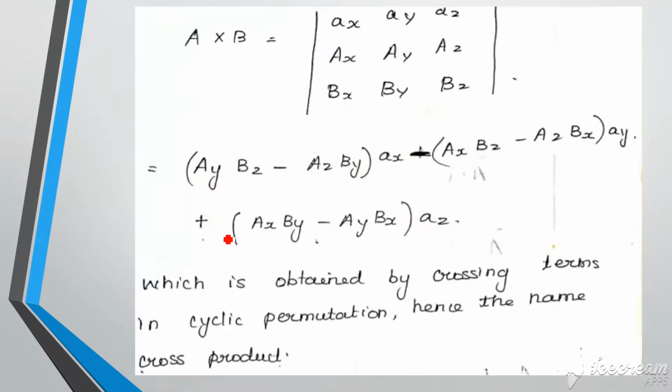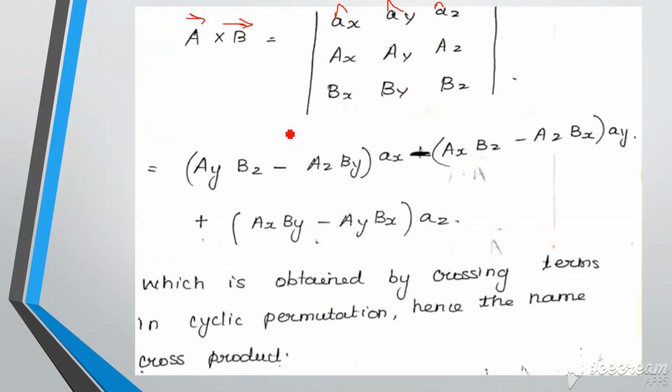So now, we need to find A cross B, that is A vector cross B vector. Already we defined A vector and B vector in the previous slide. So first we write the unit vectors along the 3 coordinates in the first row, in the second row write the coordinates of A, and in the third row the coordinates of B. Now simply find A cross B by finding the determinant of this matrix.